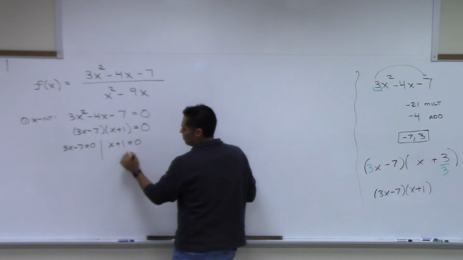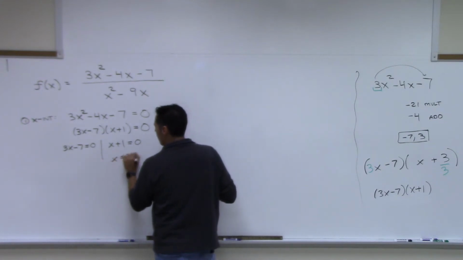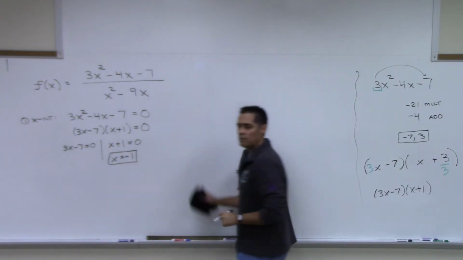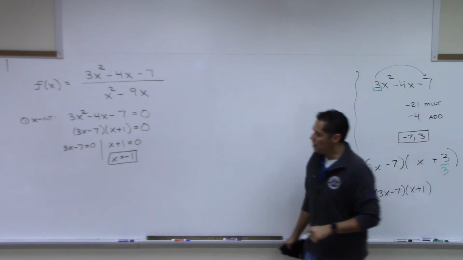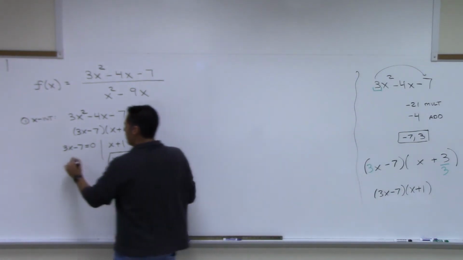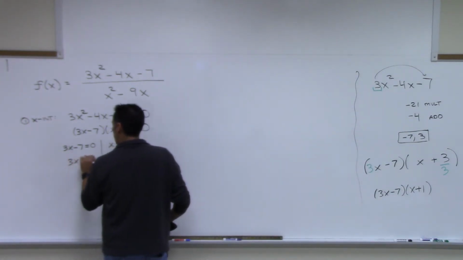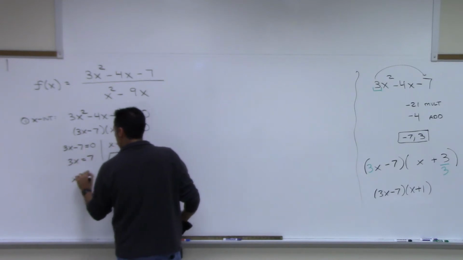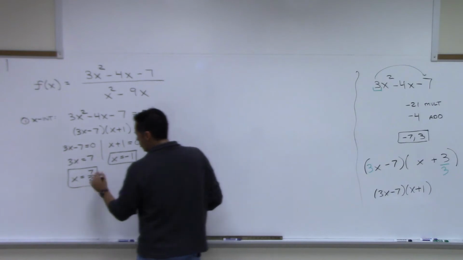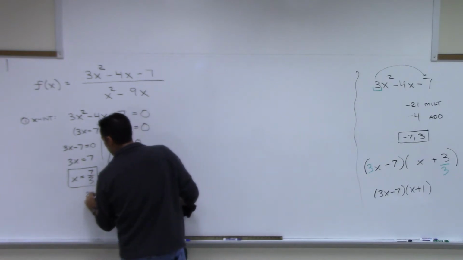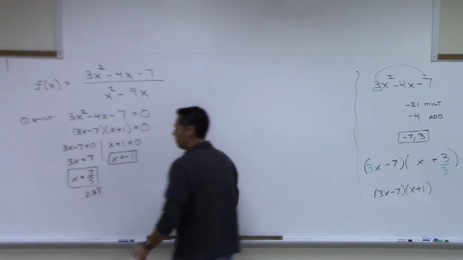Let's do this one first. Just move the 1 over. Negative 1. On this one, I have to add 7 to both sides first, and then divide both sides by 3. 7 over 3, which is about 2.33 repeated.